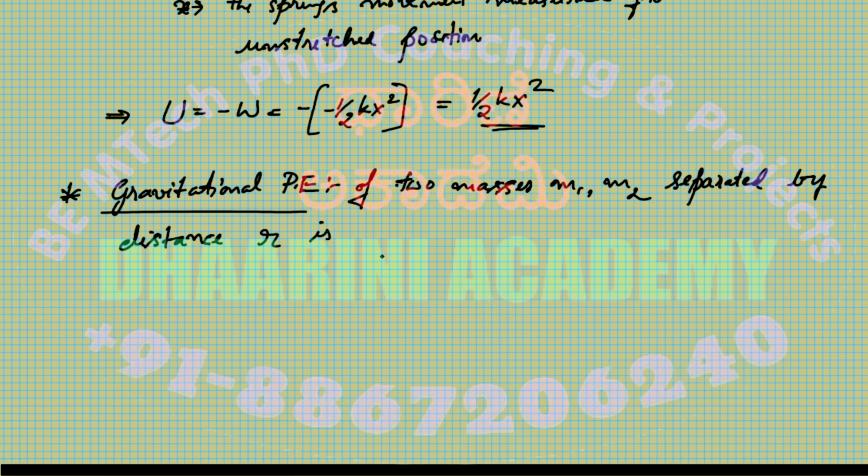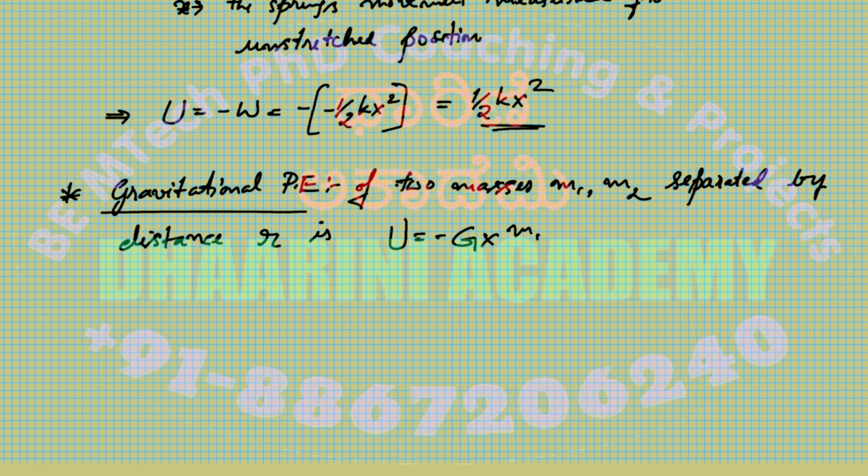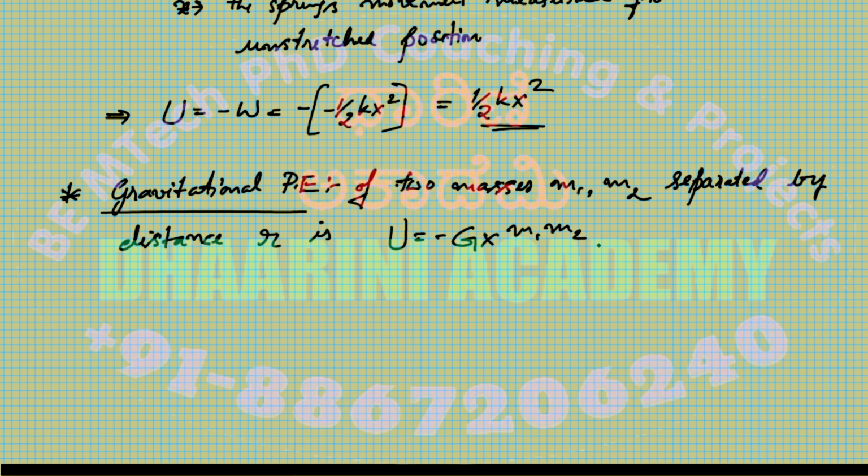is given by U is equal to a negative value, minus G m1 m2 divided by r.